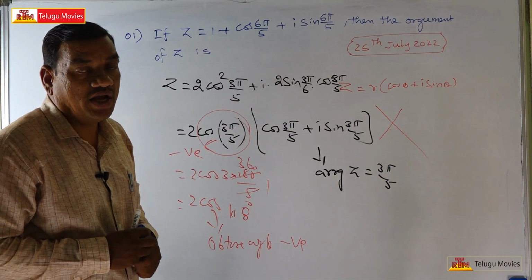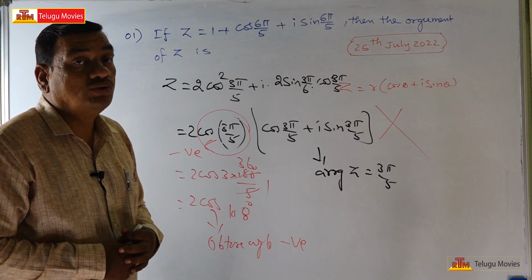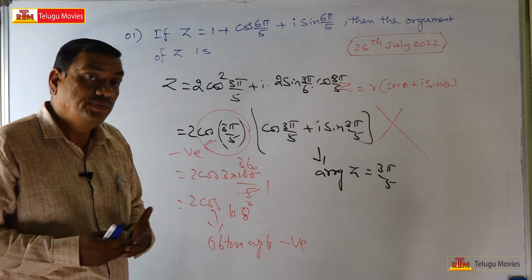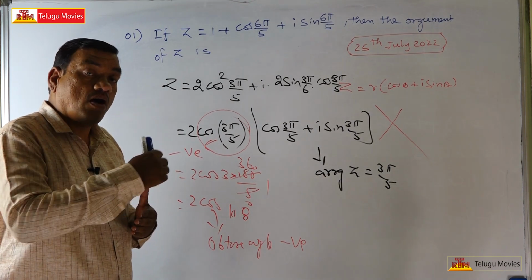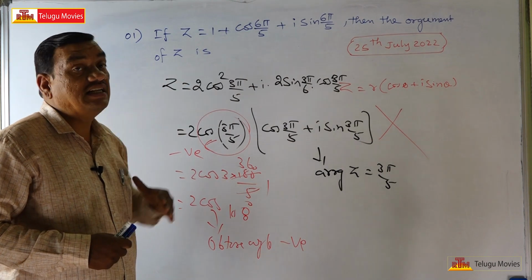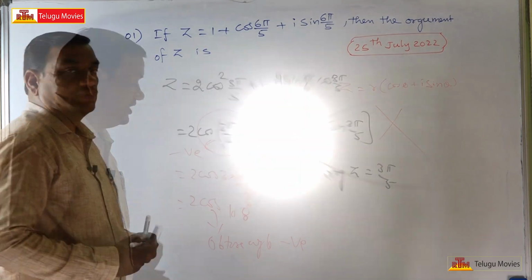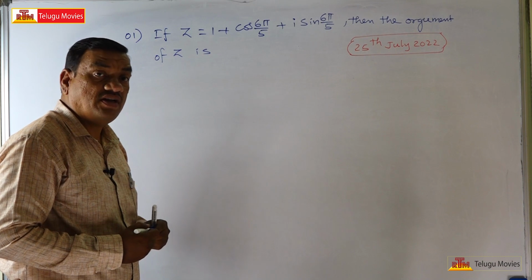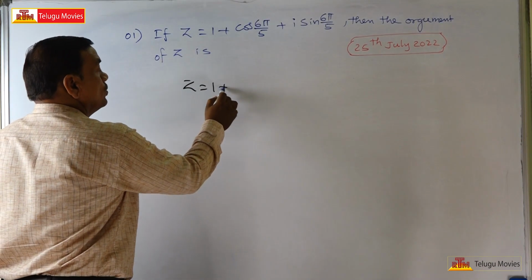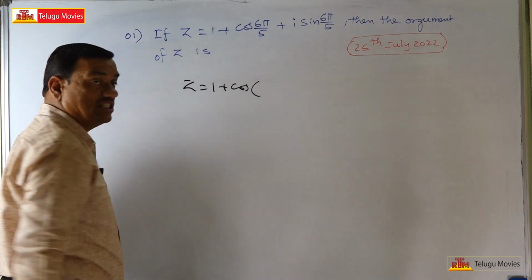So what do you have to do? Let us change this angle 6π/5 into some other form, like π/2 minus π/3, in that style. Convert the angle: Z equals 1 plus cos(6π/5) plus i sin(6π/5).